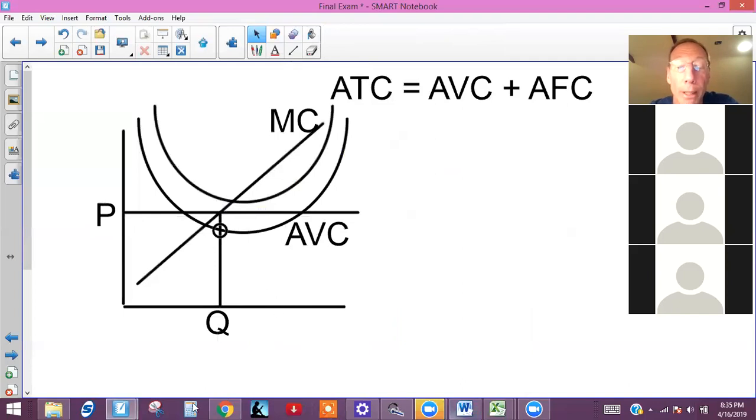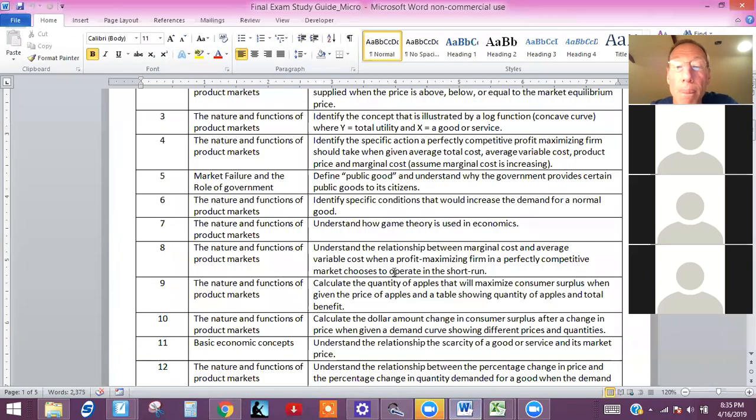Well, they're going to operate in the short run when marginal cost is higher than variable cost, or higher than or equal to, okay?